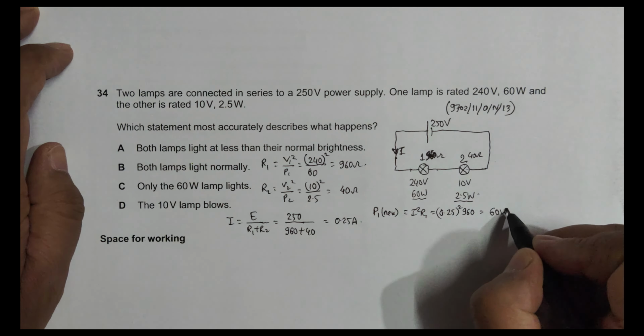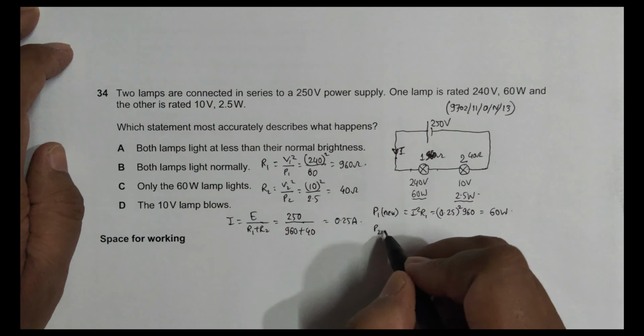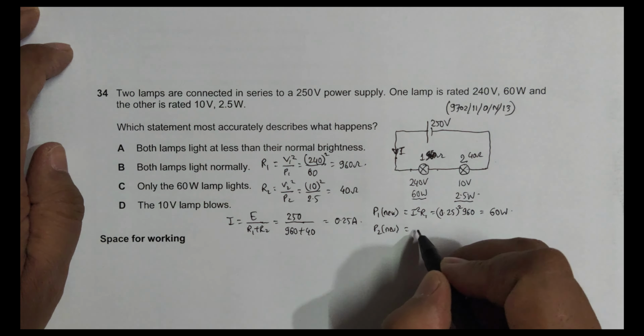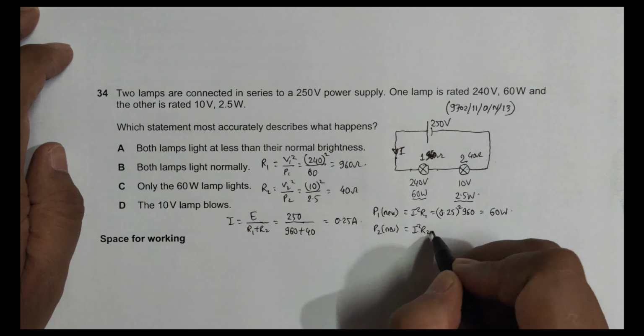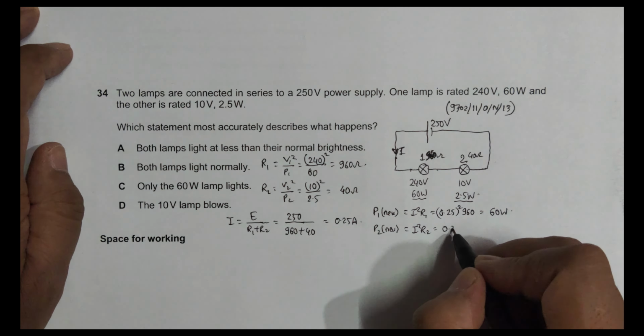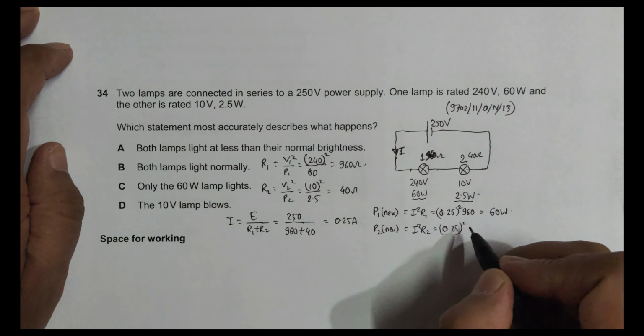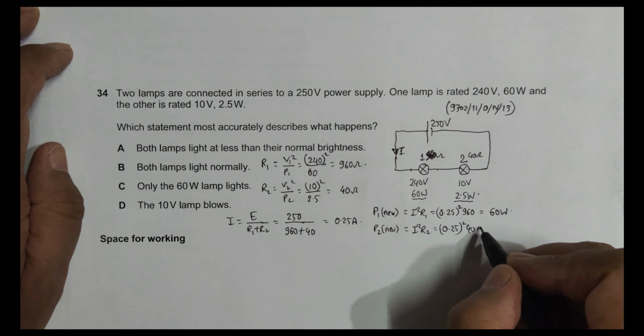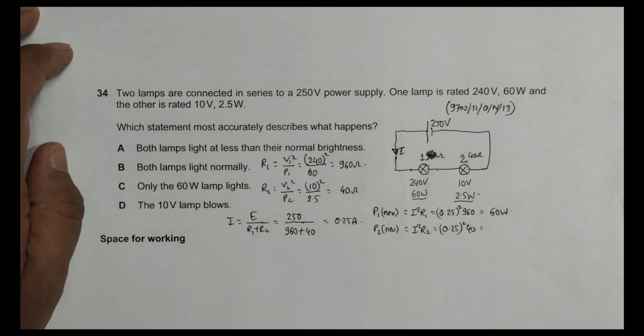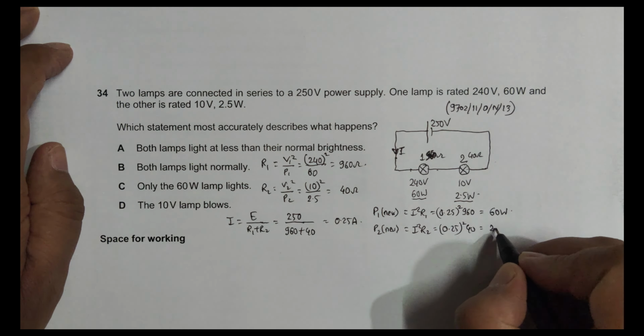Similarly, power 2 now will be equal to I squared into R2. That will be equal to 0.25 squared into 40. So that becomes 2.5 watts.